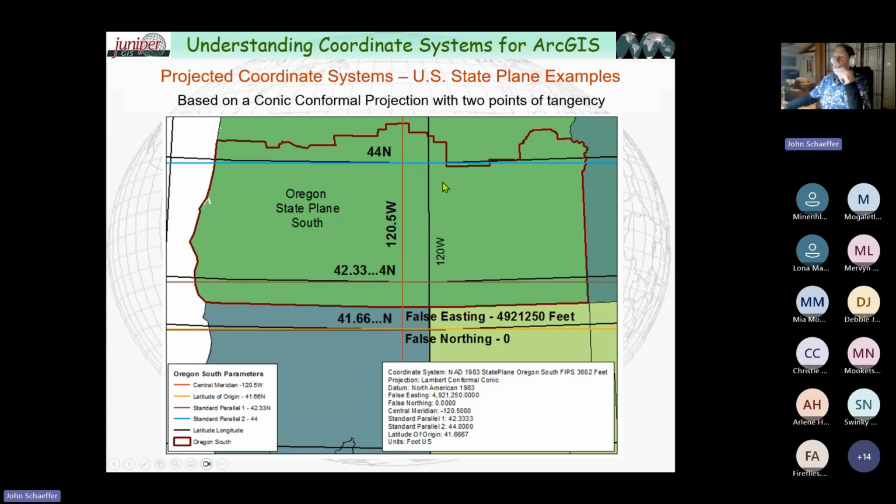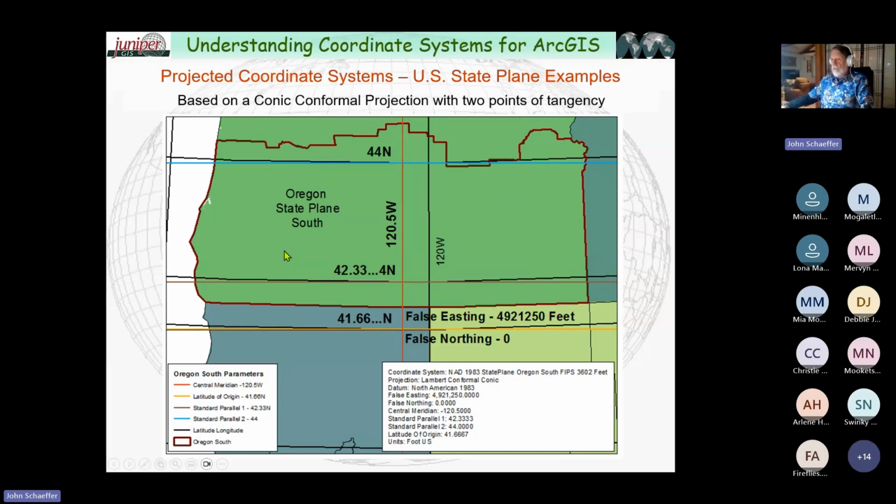So let's start here. We have a central meridian at 120.5 west. Okay, so this is basically the center east-west. We have the latitude of origin, and that's usually placed, at least in the northern hemisphere, below your area of interest.